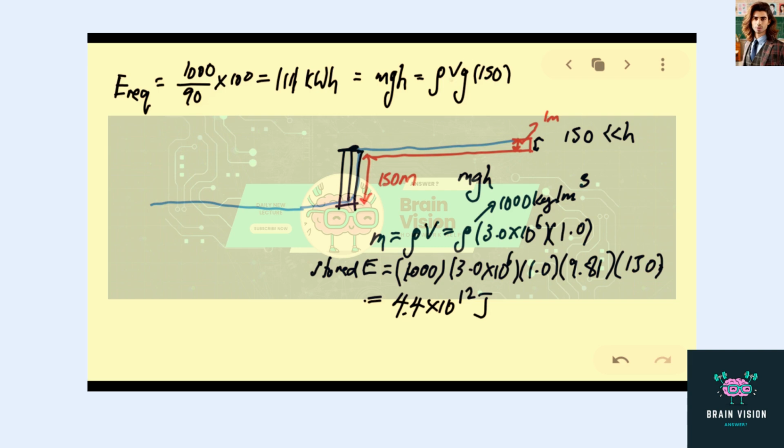And so with this amount, we can find what our V is. We will first need to convert kilowatt hours to joules. We can convert that by multiplying by 1000 to convert from kilowatts to watts, then multiplying by 3600 seconds per hour, and this will give us the energy in joules.